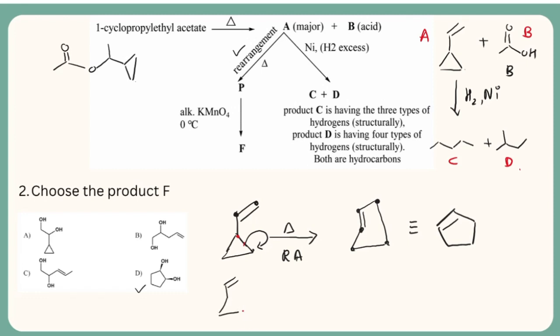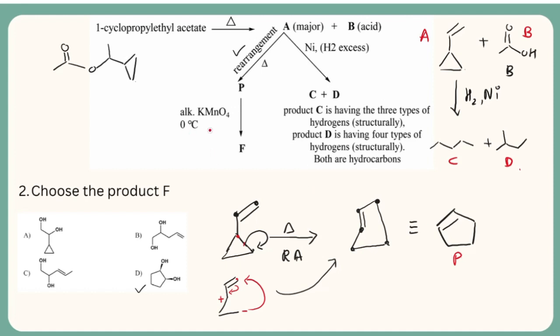One carbon you write negative, the other carbon you write positive. Because this is positive, the pi electrons will move here and this carbon will become electron deficient, so this will move over here. Then you will get a structure like this, which is nothing but the cyclopentene molecule. That is nothing but product P.